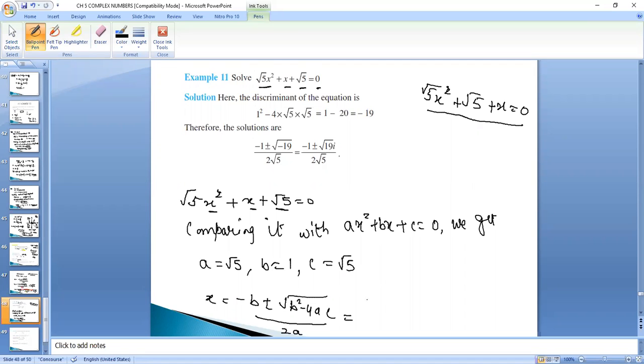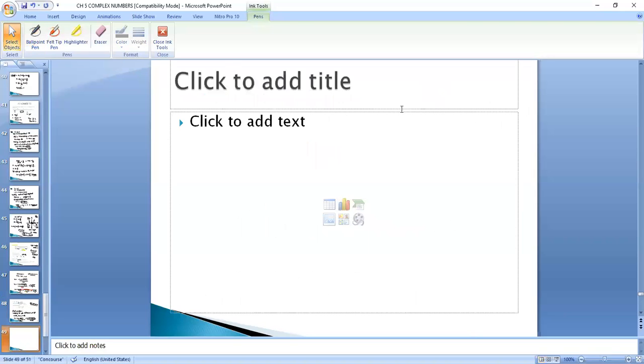So minus b means minus 1 plus minus b square means 1 square minus 4 into a means root 5 into c means root 5, upon 2 into a means root 5, right? We have written the values of a, b, c, then we have written the formula. Then we have substituted the values in the formula, and now in the next step, we will solve.